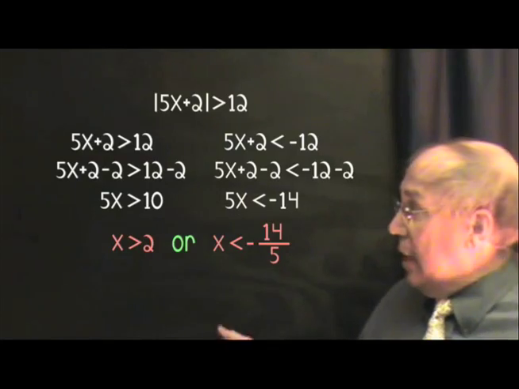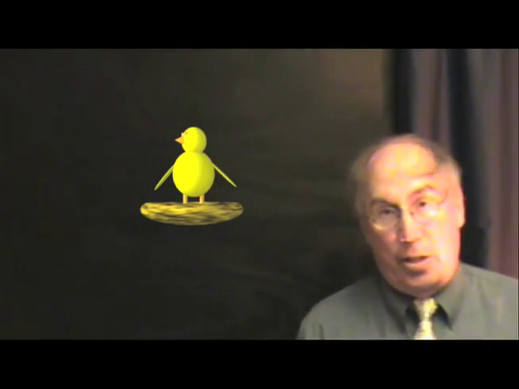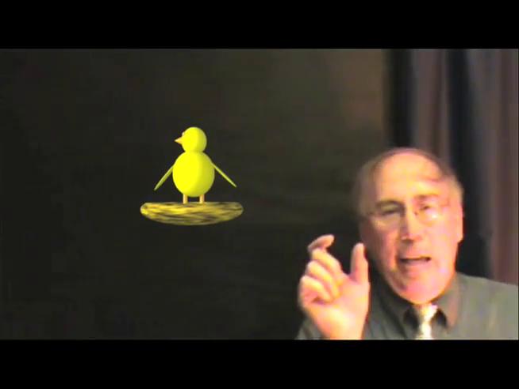Okay, let's see what we got next here. Oh, this is going to be an application type problem. Let's suppose that a bird wants to build a nest that is 10 inches in diameter, and let's say he can build a perfect nest, but he doesn't mind being off 1.5 inches either way.